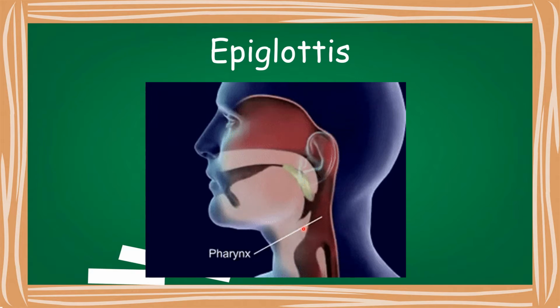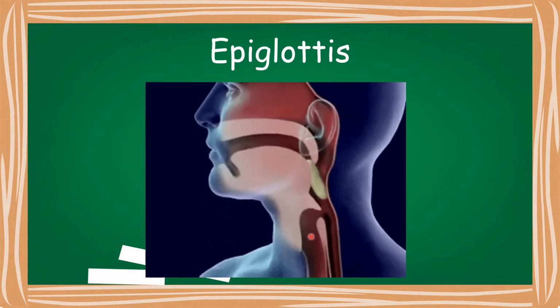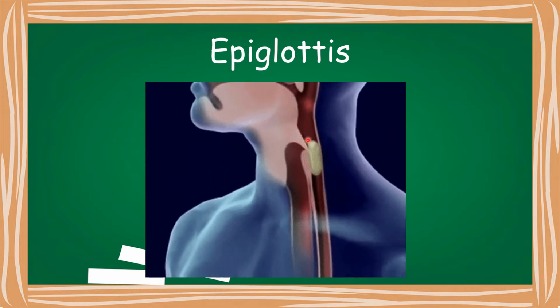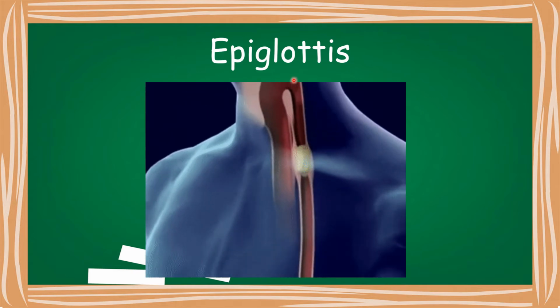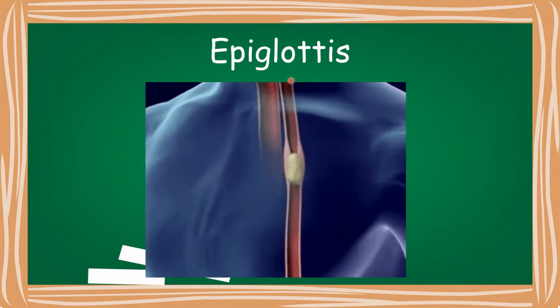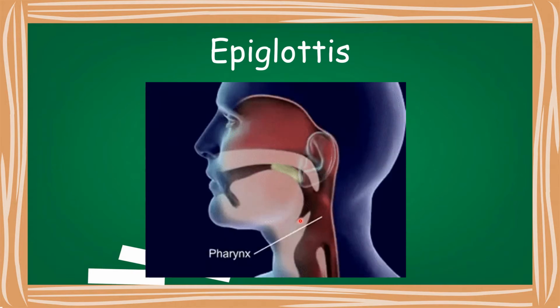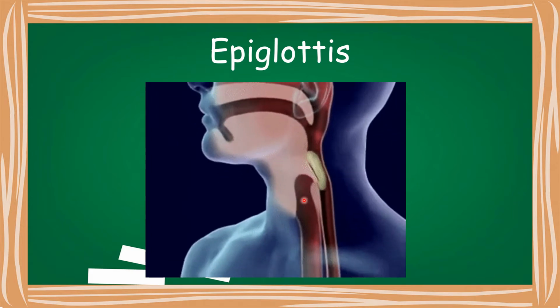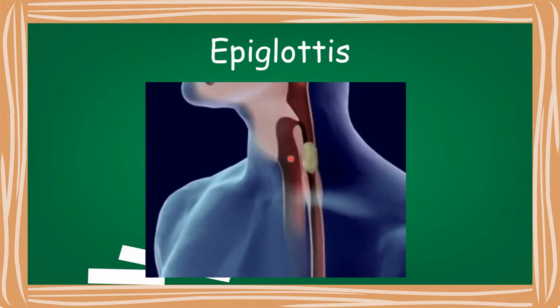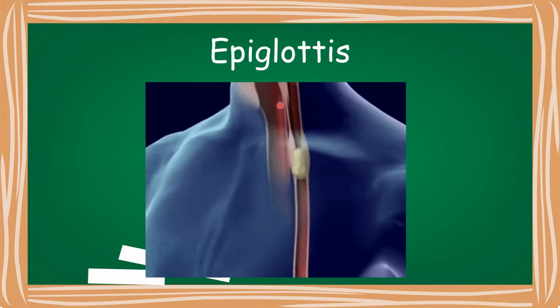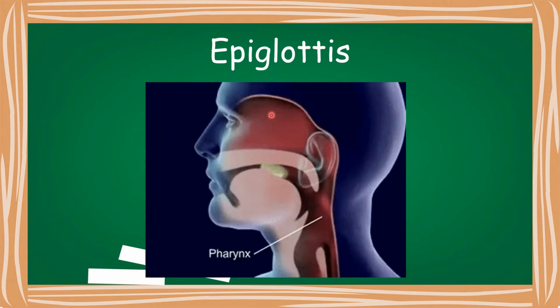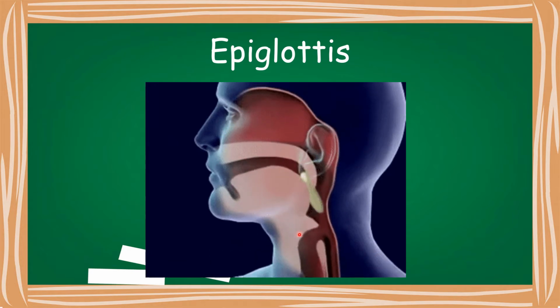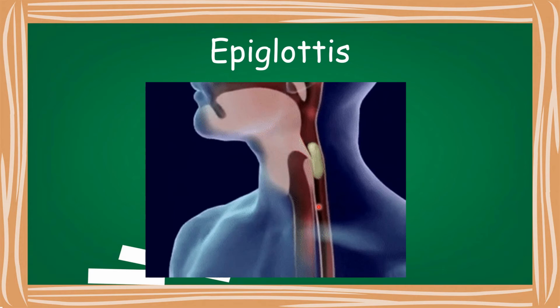This is our epiglottis and this is the larynx. So once the food passes from the pharynx, the epiglottis will close the larynx to prevent the passage of food, because the only thing that would pass here is air. So that's how important the epiglottis is at the top of the larynx.